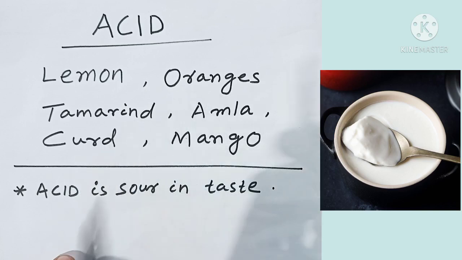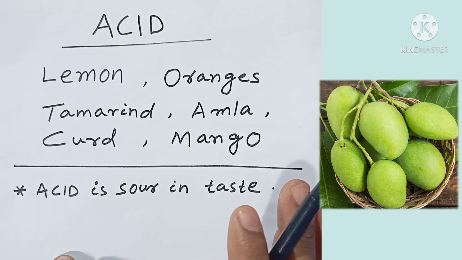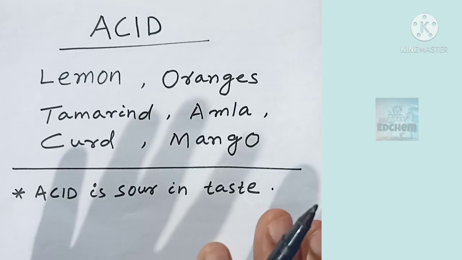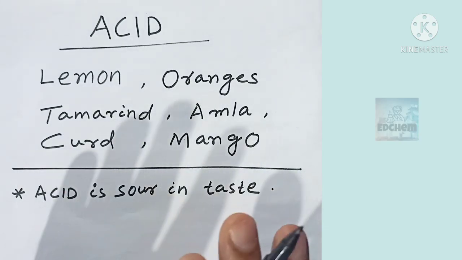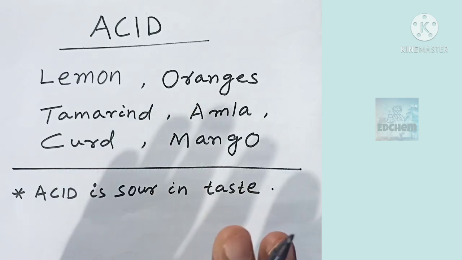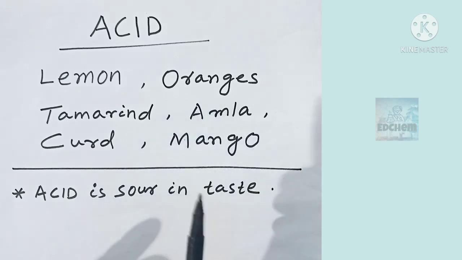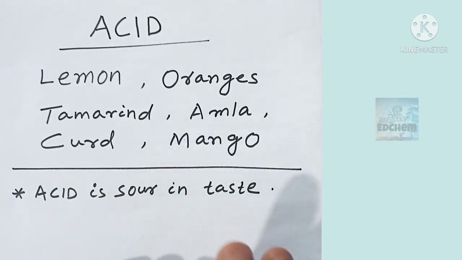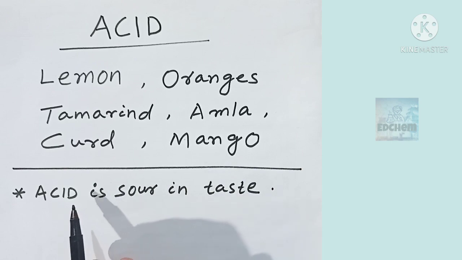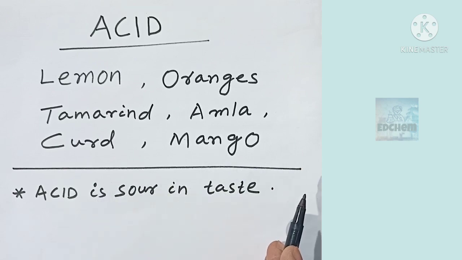Curd contains acid. Mango contains acid. So, guess what may be the taste of an acid? I think you have properly guessed. So, we may conclude that acid is sour in taste.